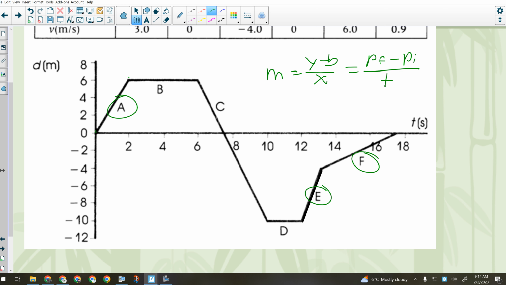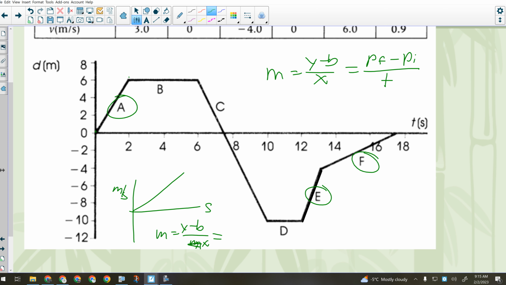Okay? A similar thing happens on a velocity versus time graph. If I have a velocity versus time graph, so now I've got meters per second here, and I've got seconds here, and I've got a line that looks like this, okay? When I calculate the slope of that line, it's still y minus b over x, but now y and b aren't positions, they're velocities.